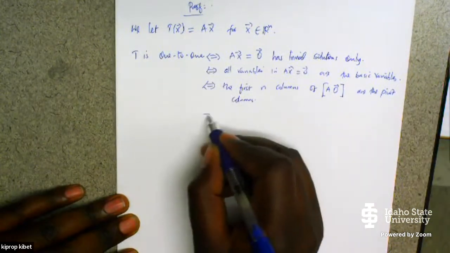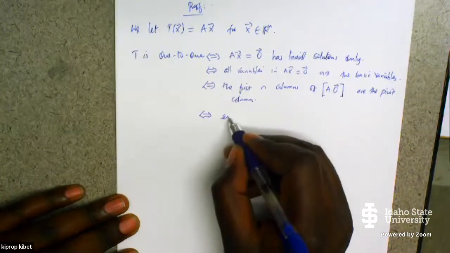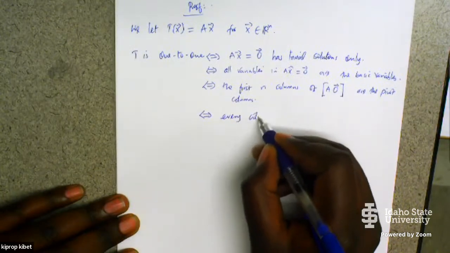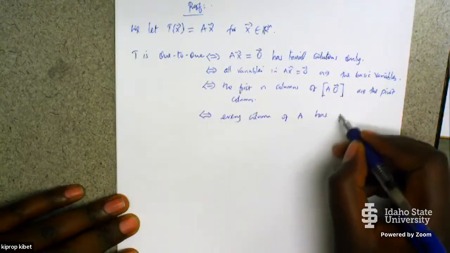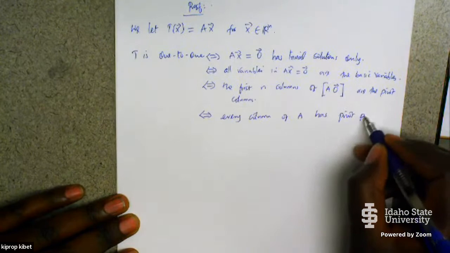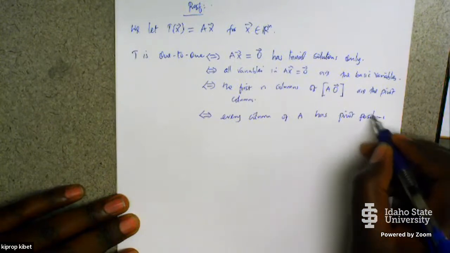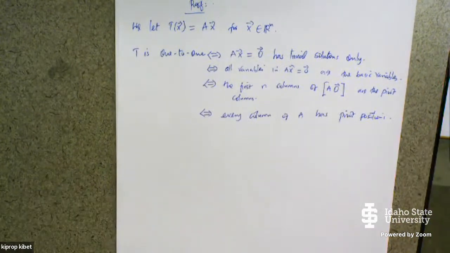And also this means every column of A has pivot positions. So it's just summarizing what we just said.